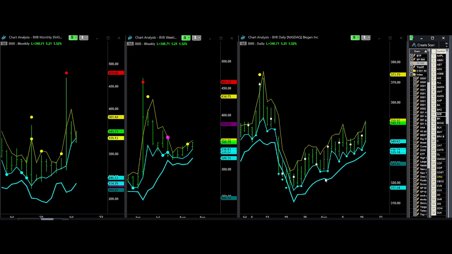And for BIIB, you see the closing price has already reached the maximum value. It's so close, almost touching the maximum value. So definitely for this stock at this time, I will not buy it, because it's in the maximum price region.